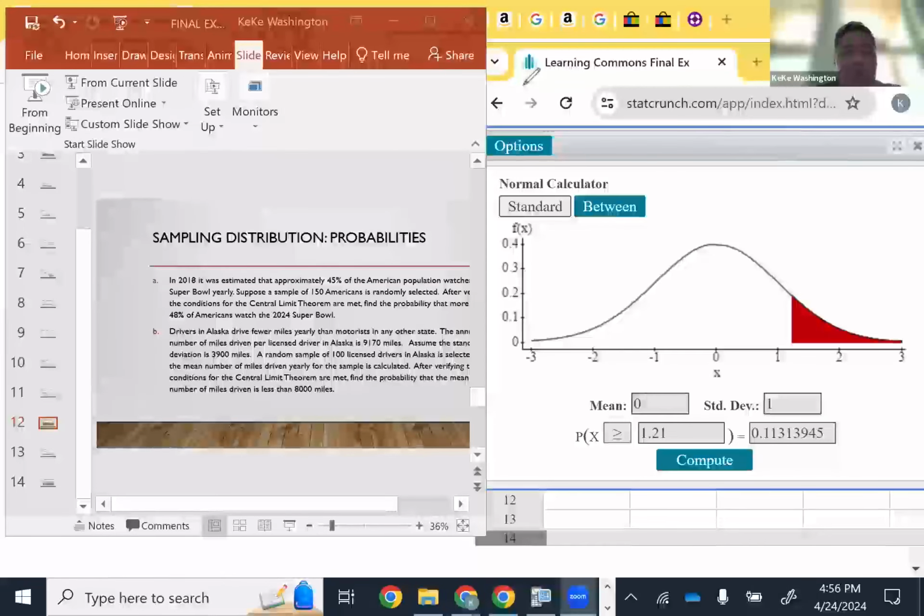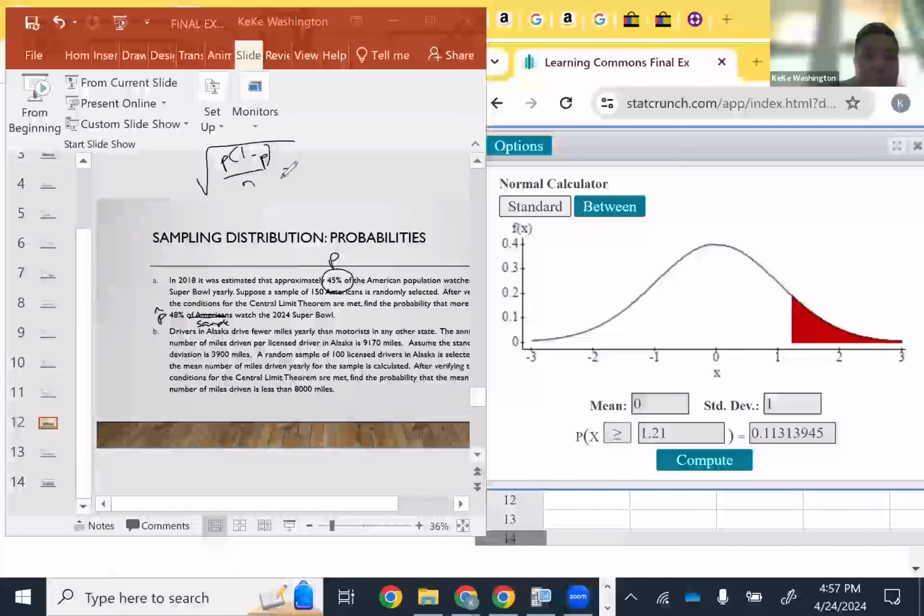All right, thank you. All right, so remember that you're in a sampling distribution now. So your mean is going to be your P. Okay, so your P was 45%. Remember I said that this should be of the sample. All right, so because it's based on the sample, this is my P hat value, sample proportion. Okay, so to calculate standard error, if we know P, we use P. If we don't know P, then we can use P hat because it's the estimator for P. Remember, statistics estimate parameters.